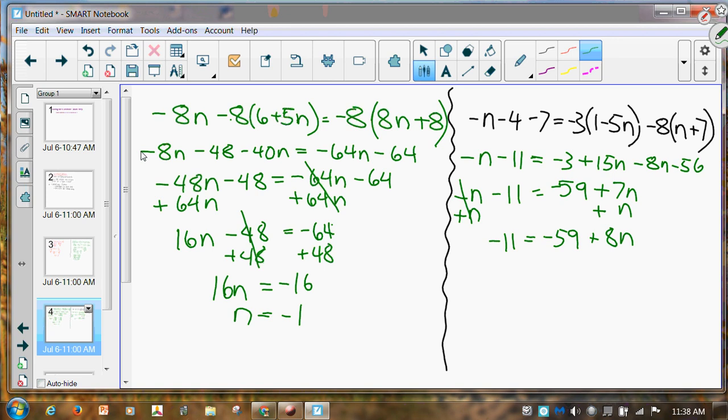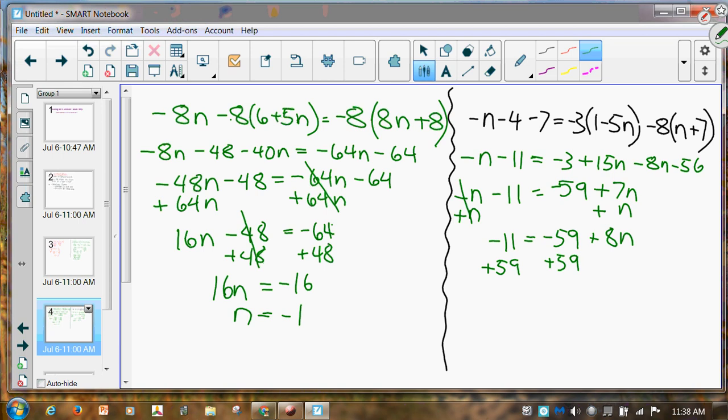All right. And so now what we'll do is we'll get all the numbers on the left. We're going to add 59 to both sides. So we're going to add plus 59 here. And then we're going to add plus 59 over here on the right.